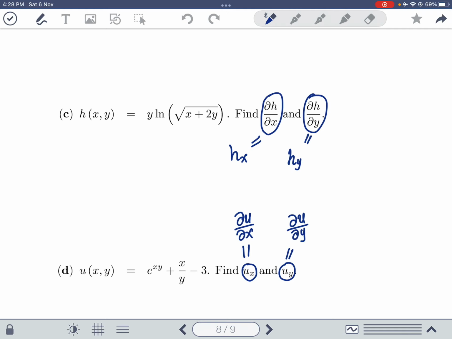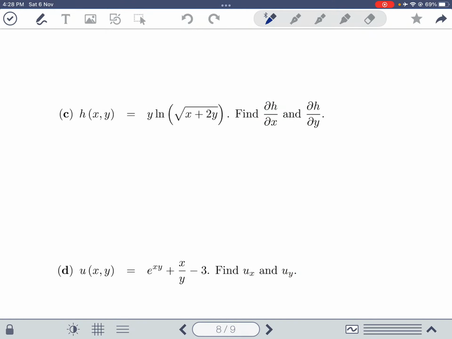But for you, just know that either of them could be given, and you need to know that they mean the same thing. Find the derivative with respect to x in this way and with respect to y in this way. That's good to agree on from the beginning.